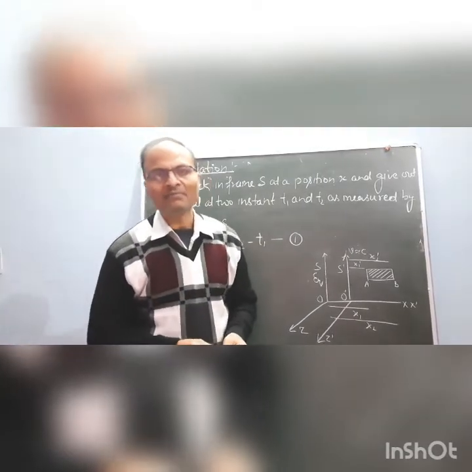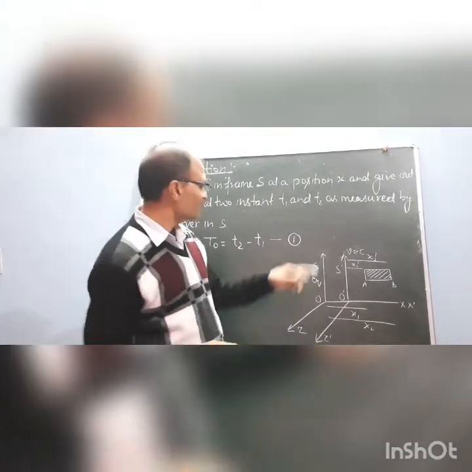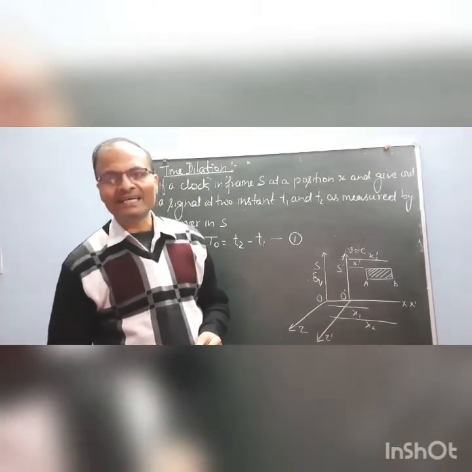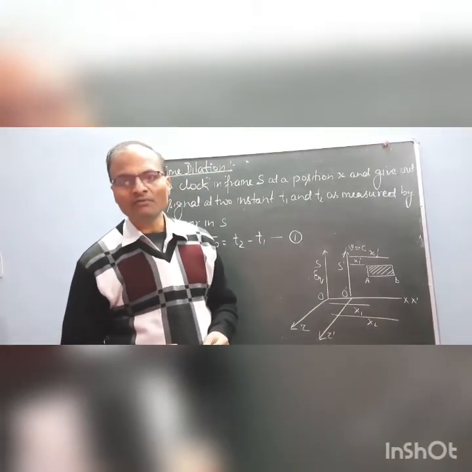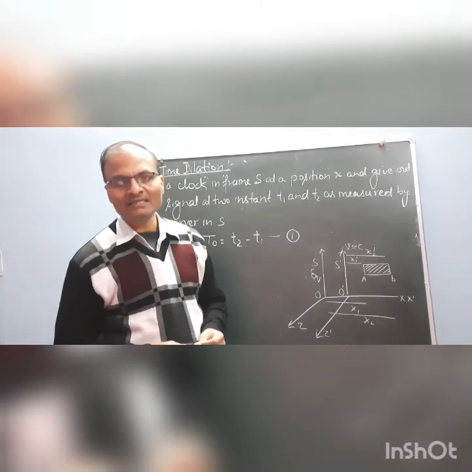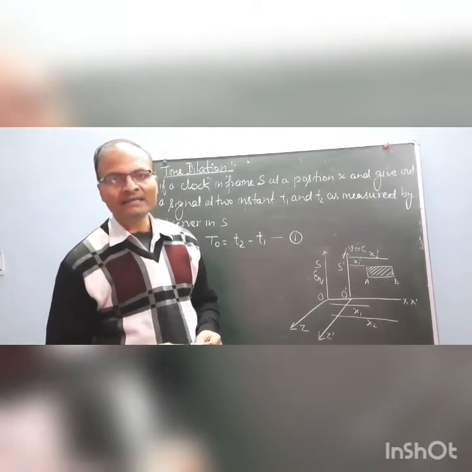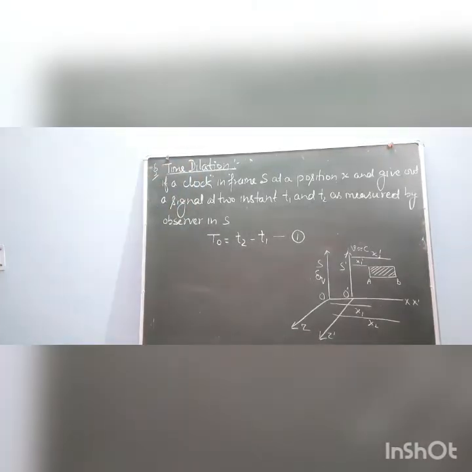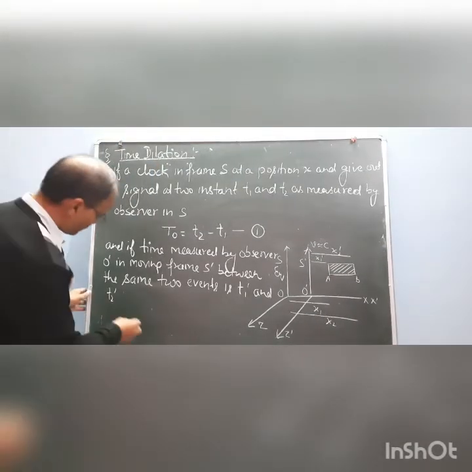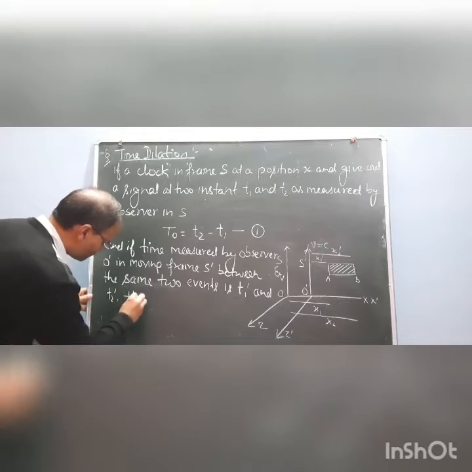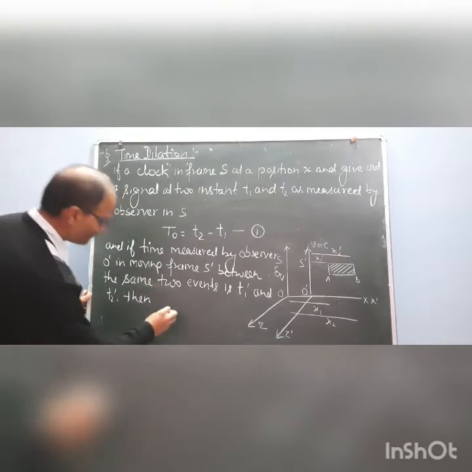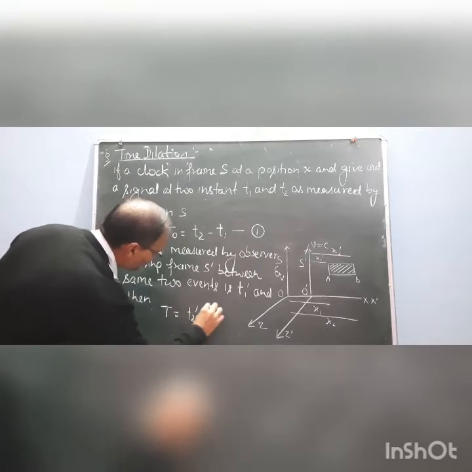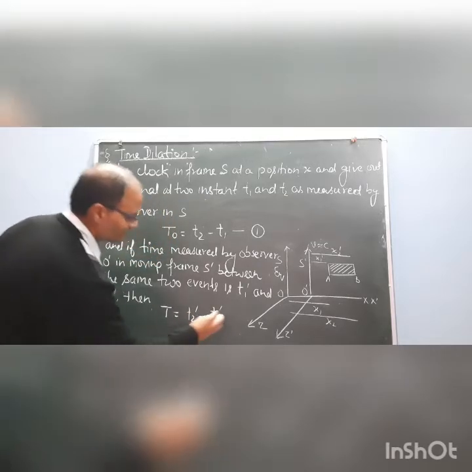If time measured by observer O dash in moving frame S dash between the same two events is t1 dash and t2 dash, then t equal to t2 dash minus t1 dash.